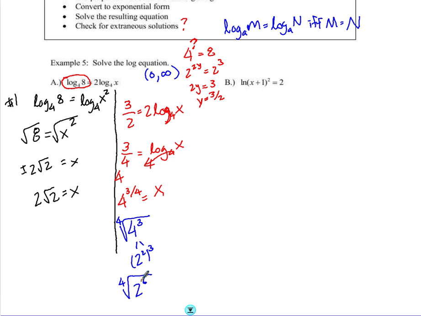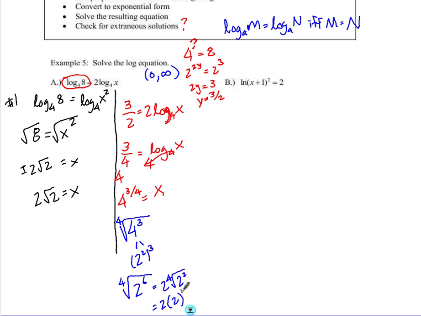Isn't this really equal to, well, sorry, not 2 radical 2, but skipping a step, 2 times the 4th root of 2 squared. And if I rewrite that fraction, isn't that really 2 times 2 to the 1/2 power, because 2/4 is really 1/2? Now I'm pretty sure that's equal to 2 root 2.